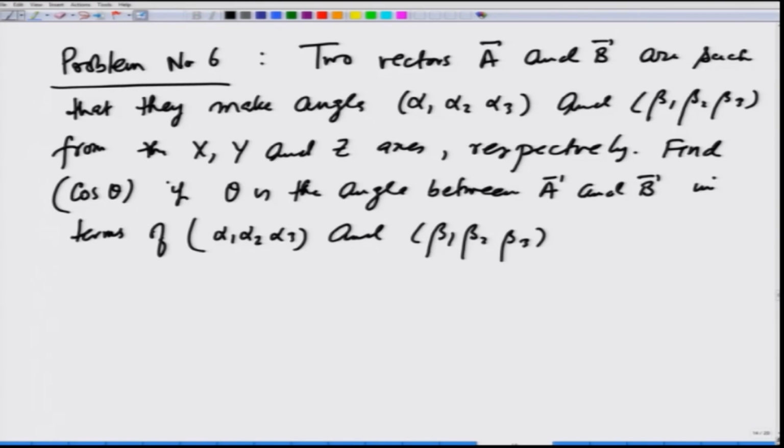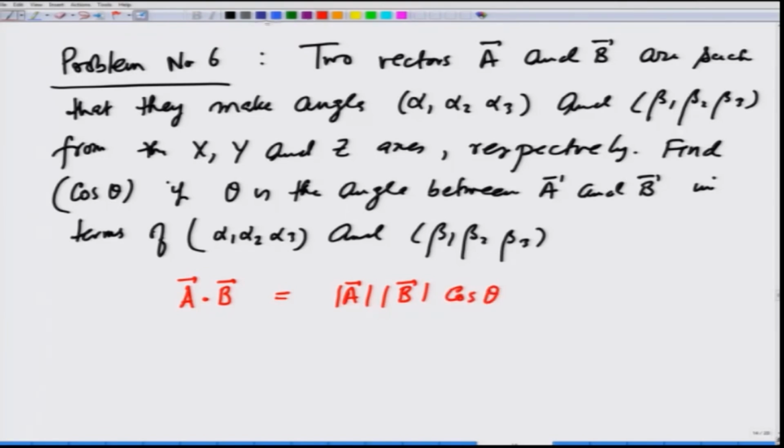We are going to make use of the fact in this case that A dot product B is given by magnitude of A, magnitude of B product cosine of theta, where theta is the angle between them.